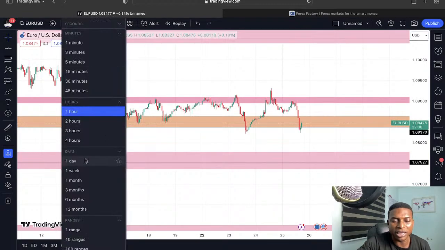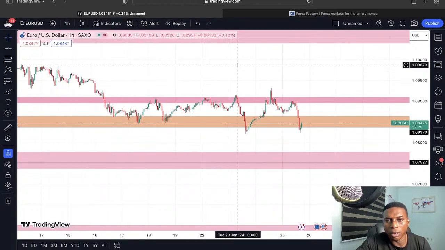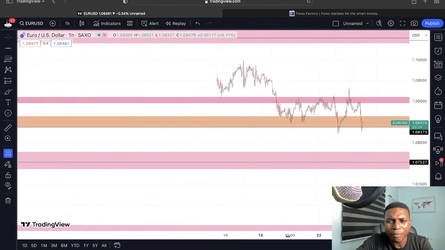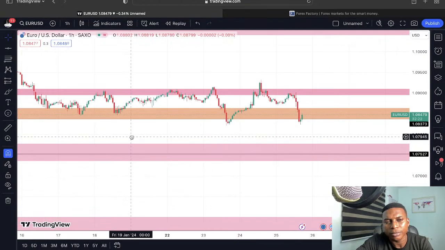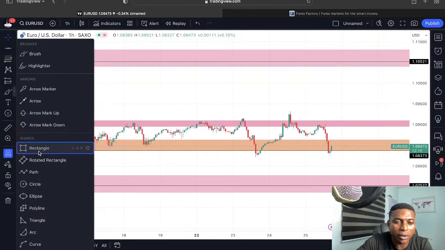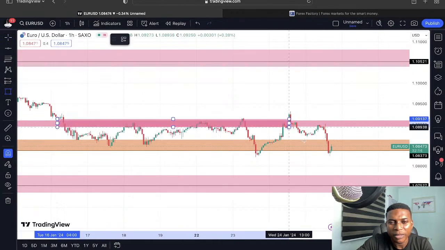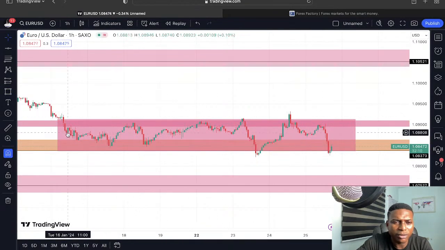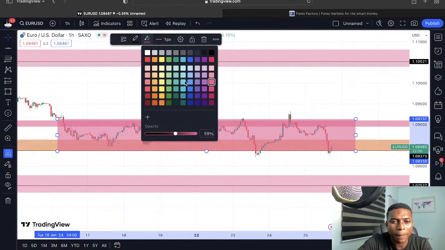So we can see here now that price is picking up at this level. We can just say this level is a level of consolidation. Let me make this lighter.